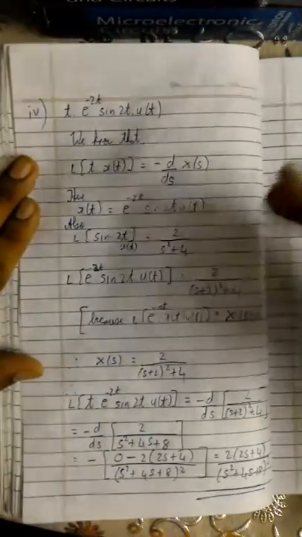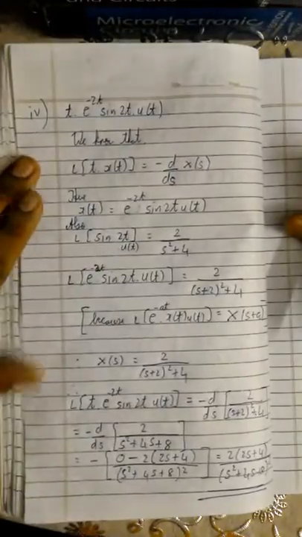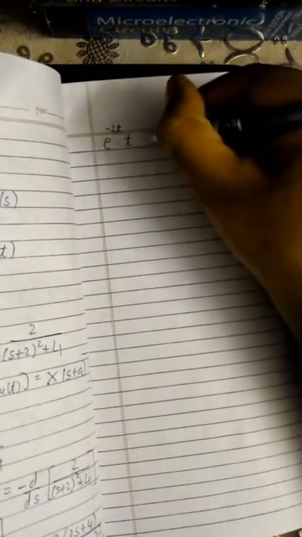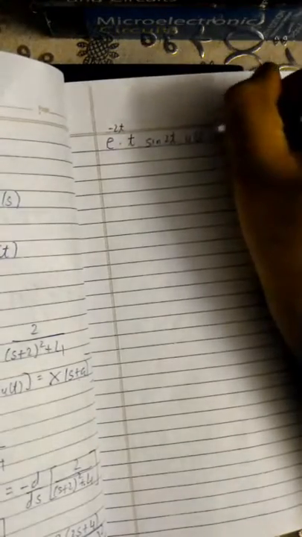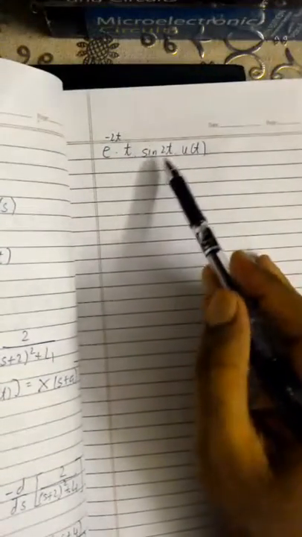Change the question into this form: e raised to minus 2t outside, and t into sine 2t into u of t inside. First find the differentiation of this, and then apply the frequency shifting property. Whatever steps you follow, you will get the correct answer.